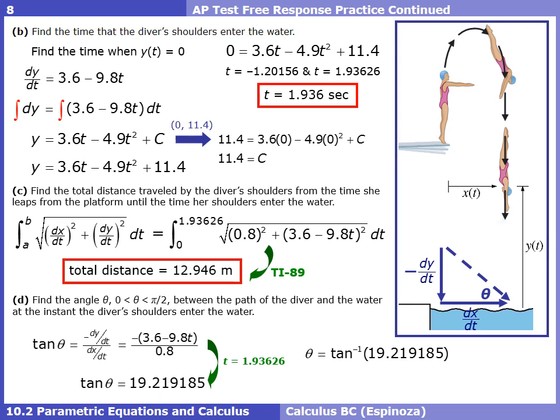Or if you are thinking of this in terms of the button you would press on your calculator, we would inverse tan both sides. So really, we're just taking the inverse tangent of 19.219185. And if you do that in your calculator, again, in radian mode, we'll find that she enters the water at an angle theta of 1.519, and it's not degrees here. We don't deal with degrees. We're dealing with radians.